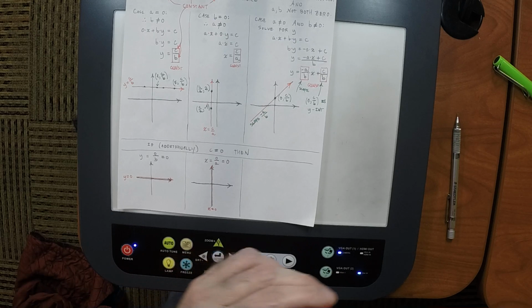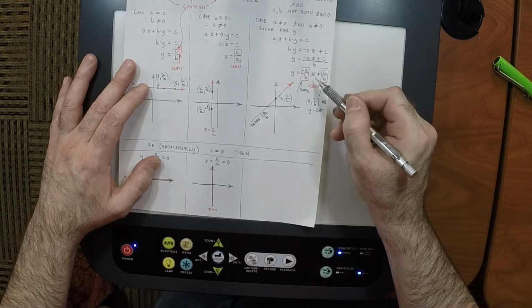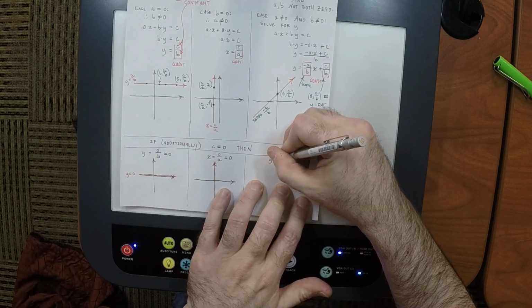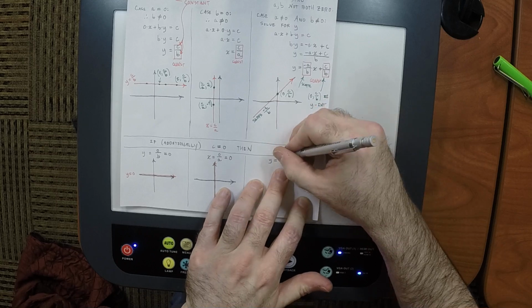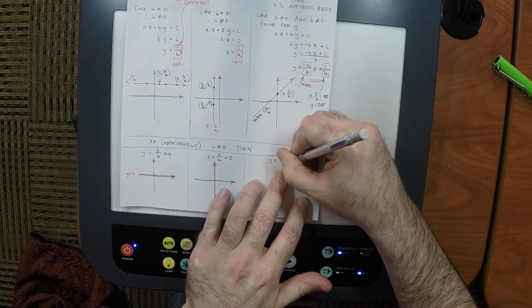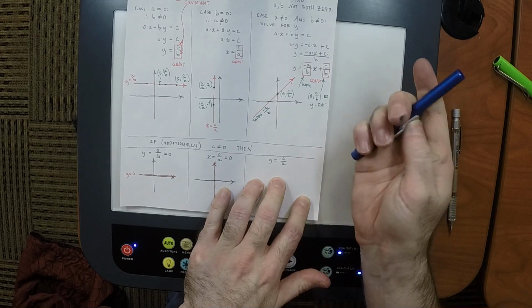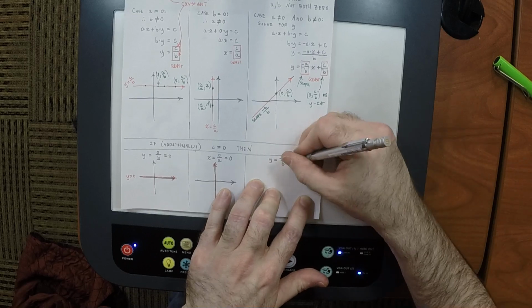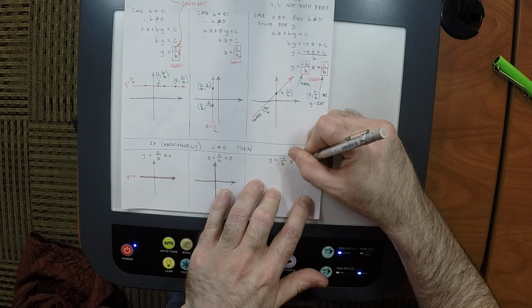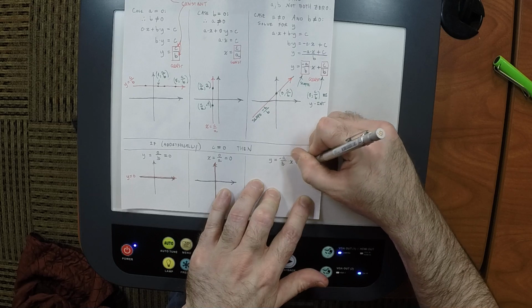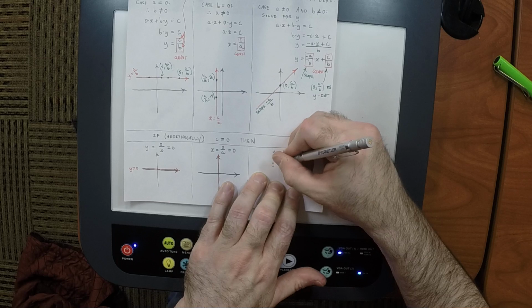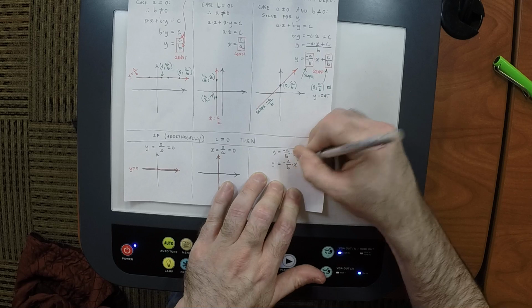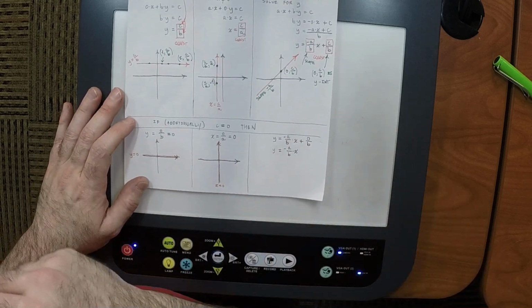Fine. And then continuing this equation, if c happens to be 0, then it would read y is negative a over b x plus 0 over b, which you could write like this: y is negative a over b x, and you could just omit the 0 there.